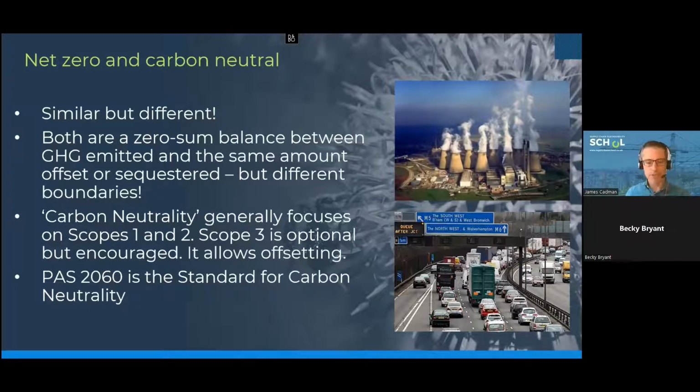That's the standard that you can use to get carbon neutrality, and you can be accredited to that. You can get a third party to come in and look at your data and say, yep, we've got your baseline, we know what your scopes 1 and 2 are, we know what reduction actions you've taken, whatever those might be, and then you can use offsets to neutralize that remaining carbon that you've got. Net zero, on the other hand, doesn't allow for offsetting in the way that you can use carbon reductions or avoidances. It's all about removing carbon, which we'll get onto in a bit.